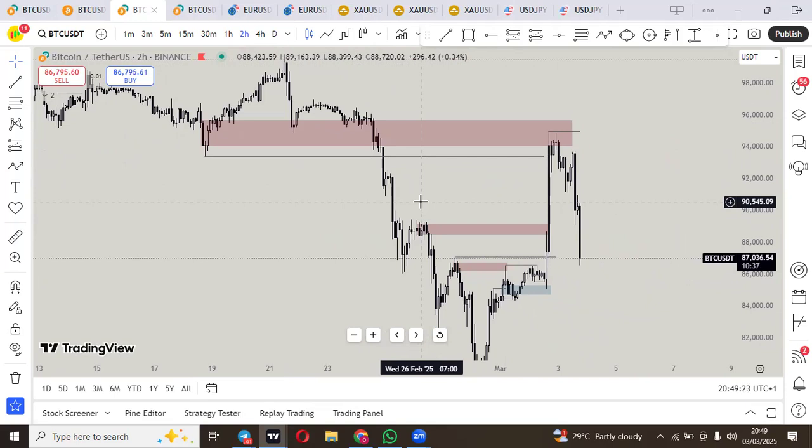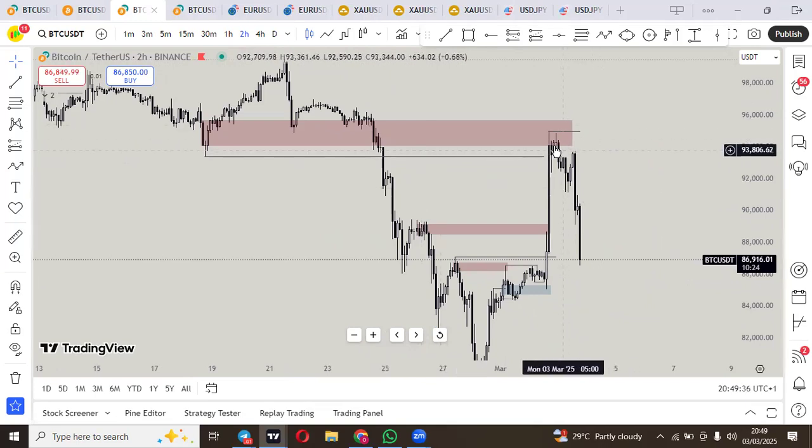I'm not saying there's a specific time frame you'll be looking at for your directional bias, but my own directional bias starts from the higher time frame, like the 2-hour or the 4-hour time frame. Right here now, I gave them the analysis that your main bias for today on BTC should be sell. So as I have this on my higher time frame that price is selling, price already made the move.